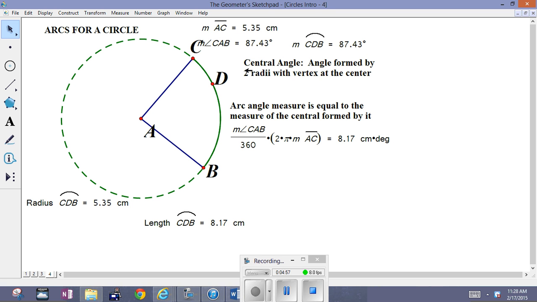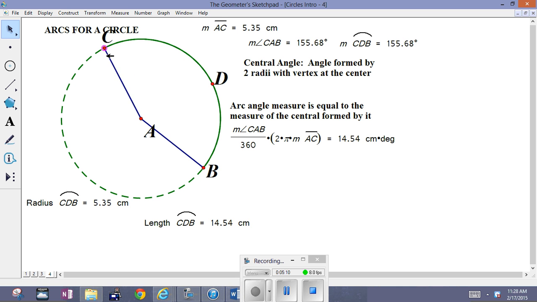Now we have what we call major arcs and minor arcs. First off, we have minor arcs, which are less than 180 degrees. What's showing now is a minor arc.